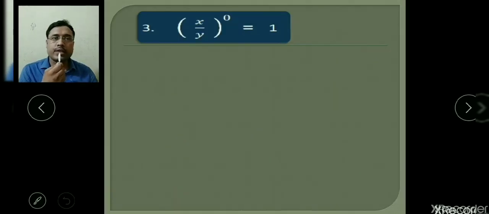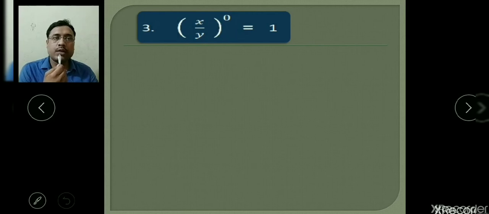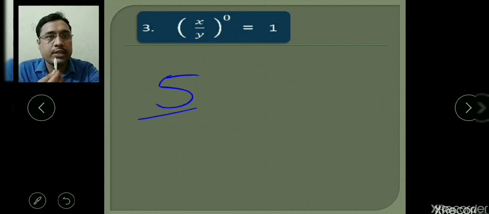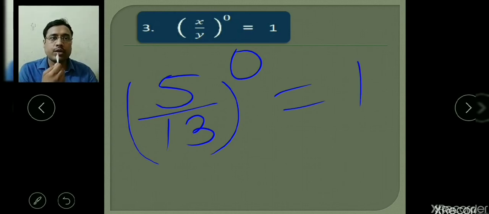Next formula is x by y raised to the power 0. That means when the power is 0 on any base, then the result will be 1. Suppose you take this number 5 by 13 raised to the power 0, the result you will get is 1 only.